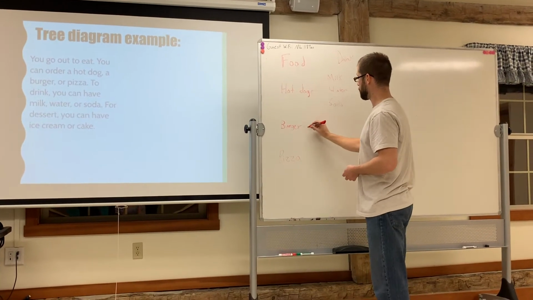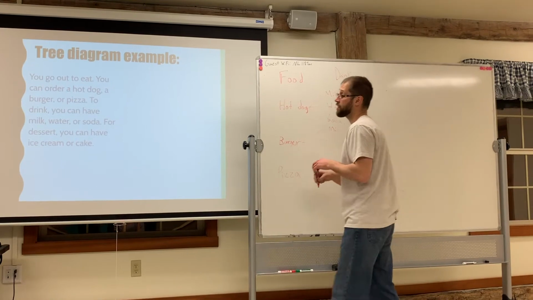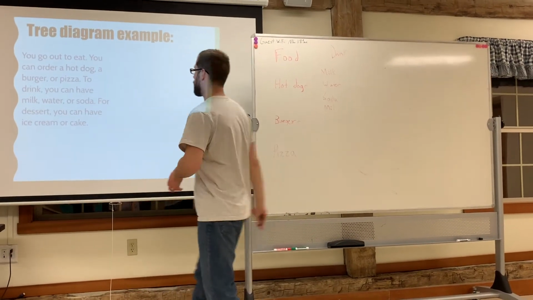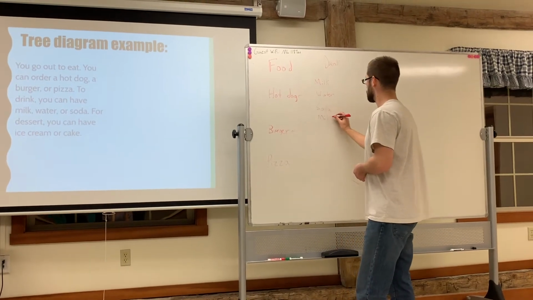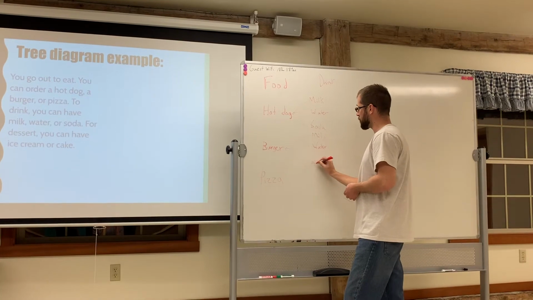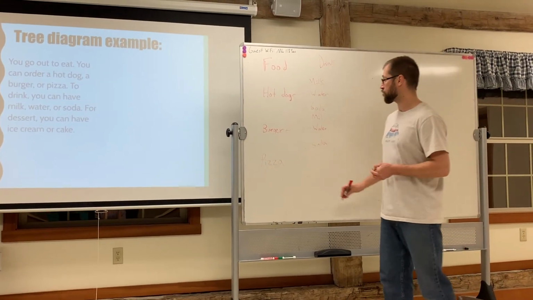Again, with the burger, we could have milk, and I'm just getting this from here. I go and I put my food options, then I put my drink options, milk, water, and soda. You guys may be thinking this is a lot of work. We're going to show you guys a shortcut after this.